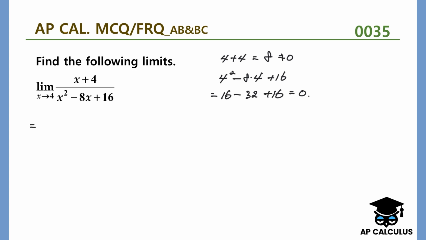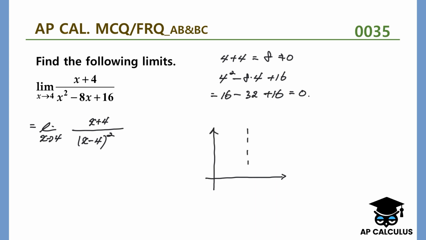So let's simplify this expression. That is equal to the limit as x approaches 4 of x plus 4 over x minus 4 squared, a perfect square, right? So we have a vertical asymptote at x equals 4. Here, that's 4, x-axis, y-axis.